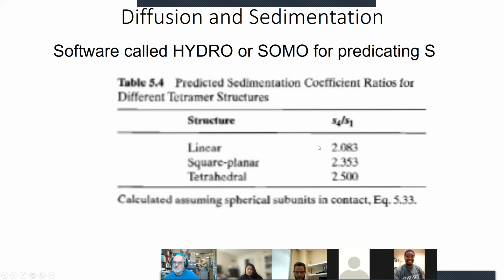So it was a way of analyzing the data and gaining information about quaternary structure out of the S value.